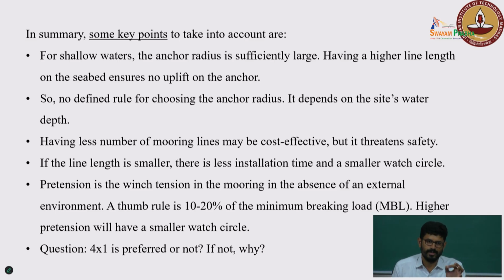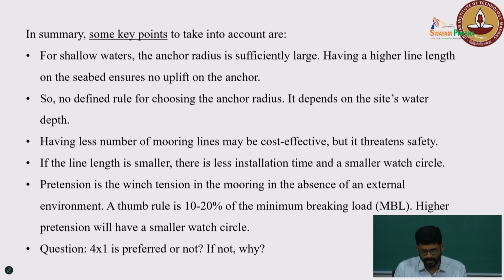When we say catenary line, a few meters of line is on the seabed, whereas in taut mooring there is no line length on the seabed. So if the line length is smaller, you will have a smaller watch circle, and quickly you will get the resistance from the anchor point where it is connected.